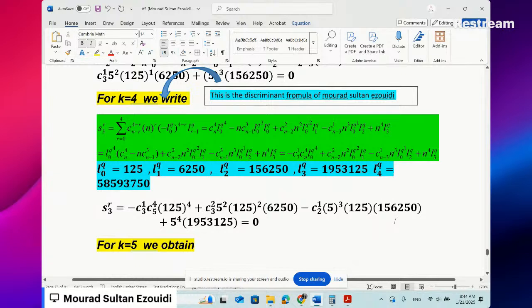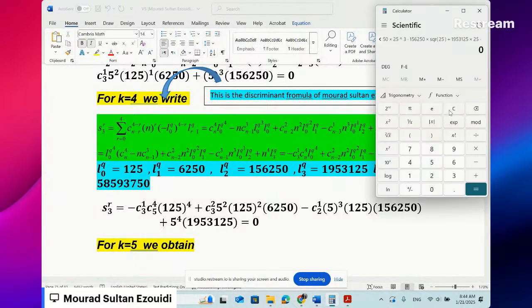I will calculate this first. We have negative 15 times 125 raised to the power 4, plus 3 times 25 times 125 squared times 6,250, minus 250 times 125 times 156,250.